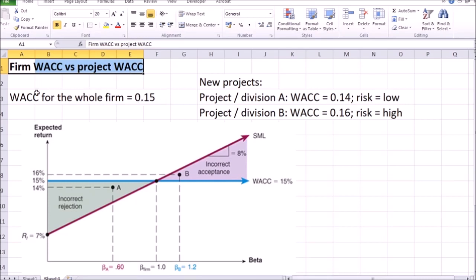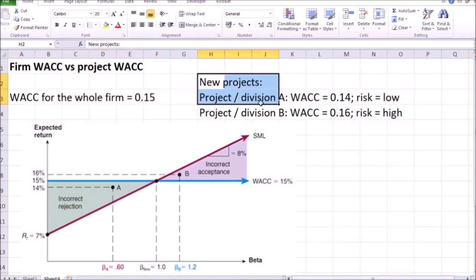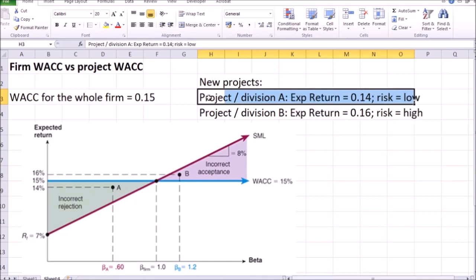Let's say, for example, we have a company with a weighted average cost of capital of 15%, and the company has several divisions, several projects, and it's also considering a couple of projects at the moment. Project A, which is relatively low risk, and let's say it's expected to have a return on investment of around 14%.